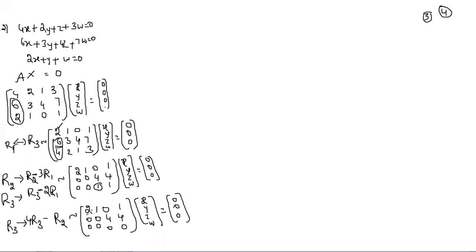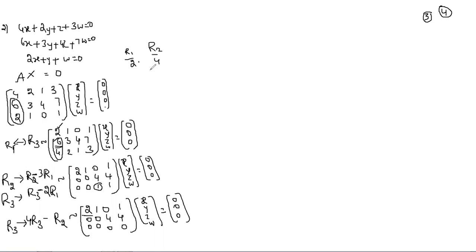You may have a doubt: here it is having 2 and 4, don't we have 1? No. Either it may be 1, or if you don't have 1, no problem. But if you want, you can make it 1 also. How will we get that? Simply we can divide R1 by 2 and R2 by 4.